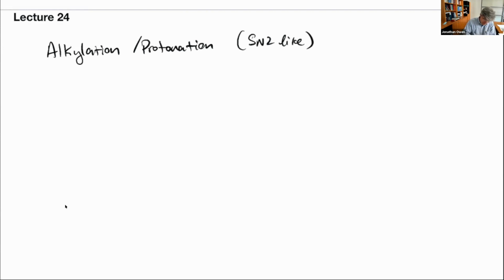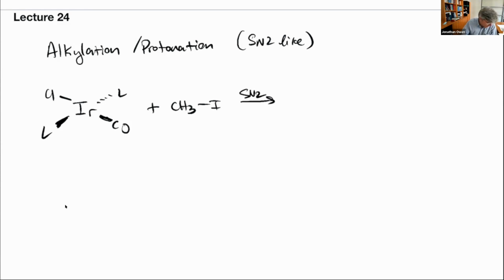In particular, we're going to talk about oxidative addition of alkyl iodides. Let's revisit our Vaska's complex example. So iridium chloride reacts with methyl iodide in an SN2-like fashion, where you can make this kind of an intermediate.